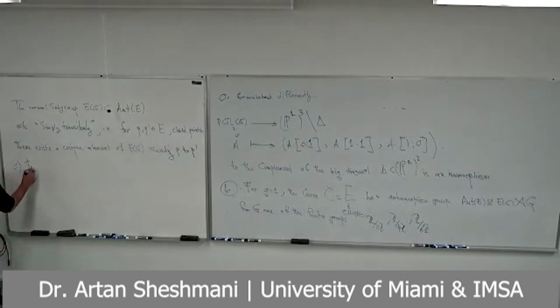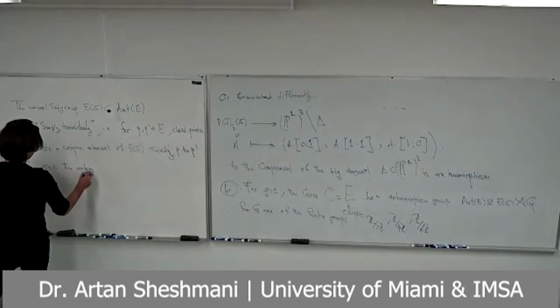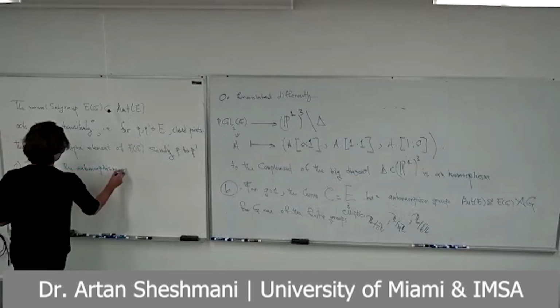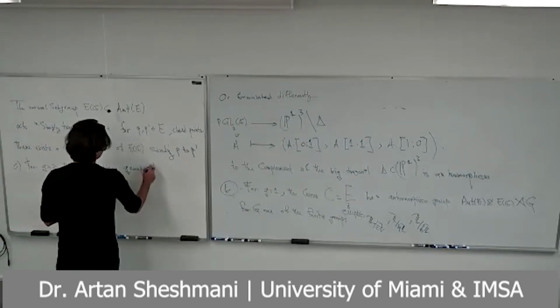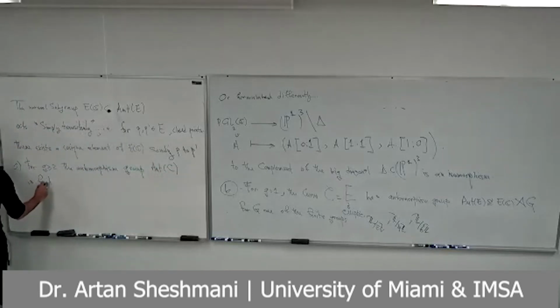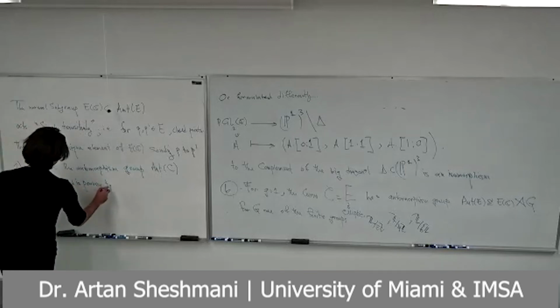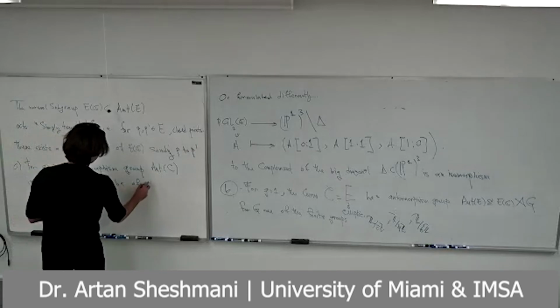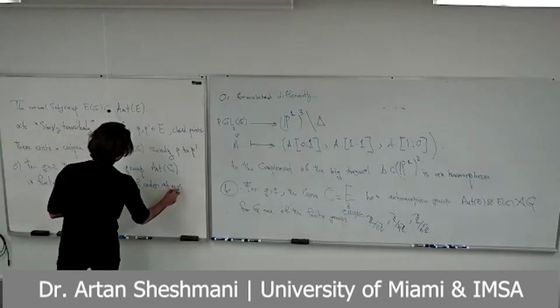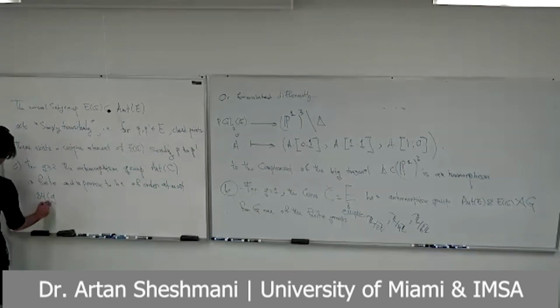For G bigger than or equal to 2, the automorphism group of C is finite. And this is a result which has been proven, finite and proven to be of order at most, there's a very cute little proof of this, but I'm not going to cover it, at most 84 times (G minus 1).